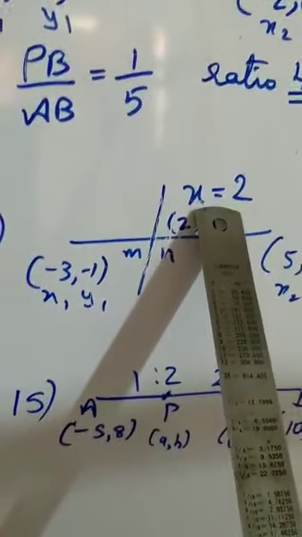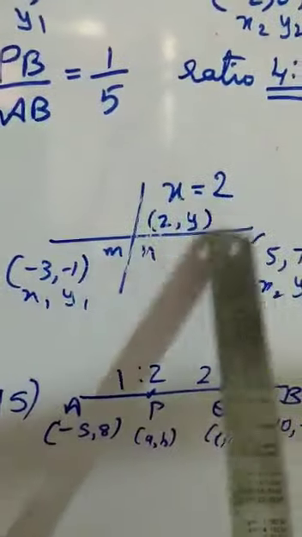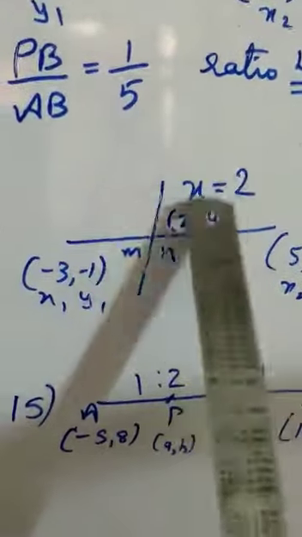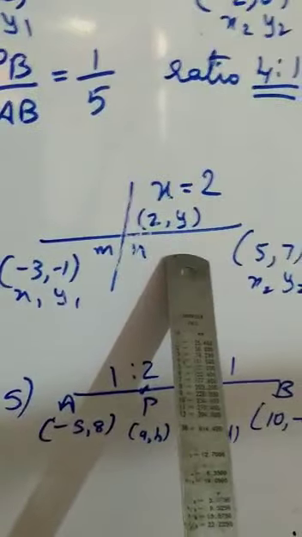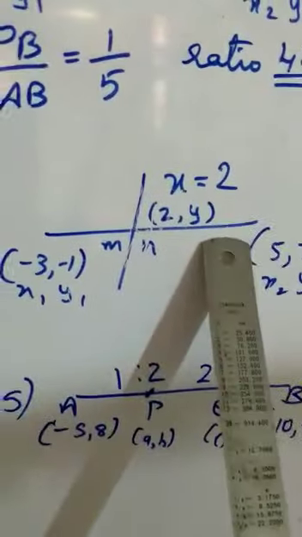If it is not an axis, y cannot become 0. If it was the x-axis, y would become 0. Because x is 2, that means y has some value. We don't know what y is. So again, taking x as 2, we will find the ratio, and use that ratio to find y.